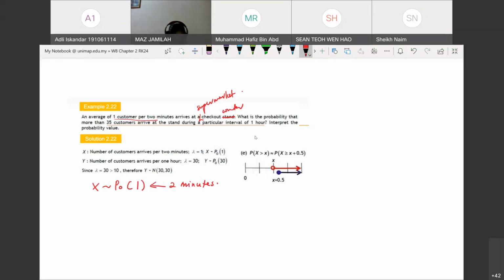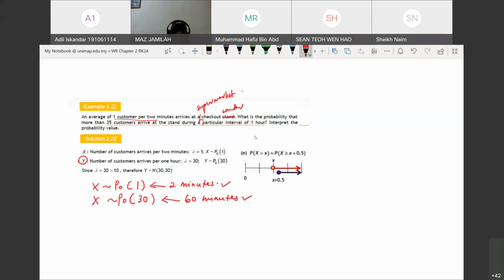You can use Y, or you can use the same X. I myself would like to use the same random variable. X is following Poisson for 1 hour, so for 60 minutes. If for 2 minutes it is 1, then for 60 minutes definitely it will be 30. So this will be your distribution for the time interval of 2 minutes and 60 minutes.